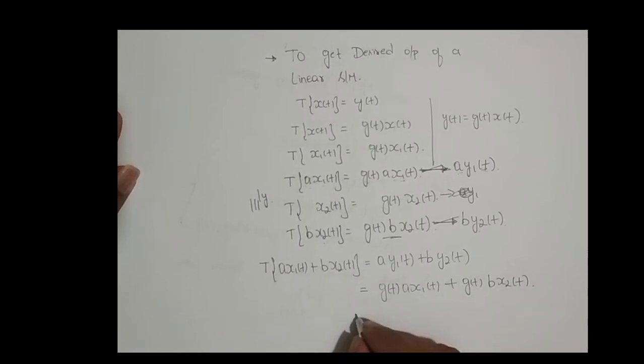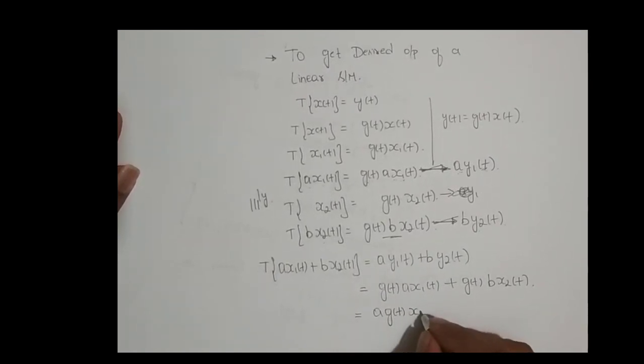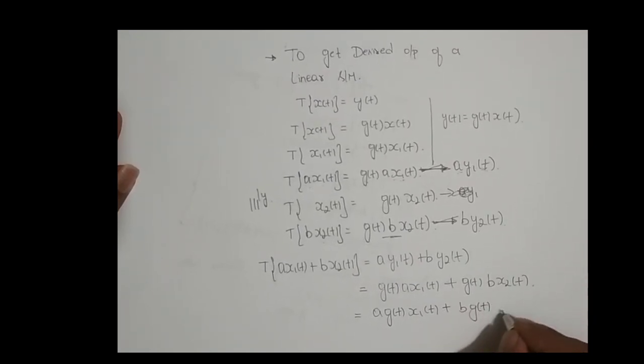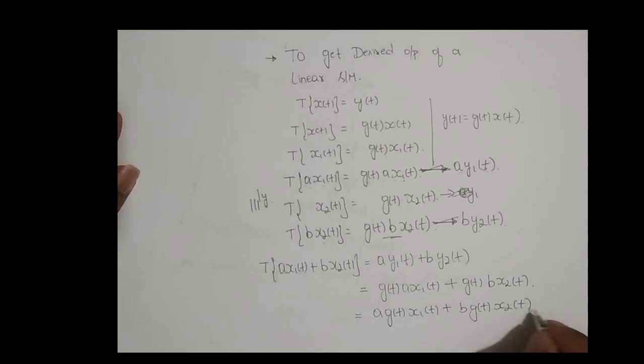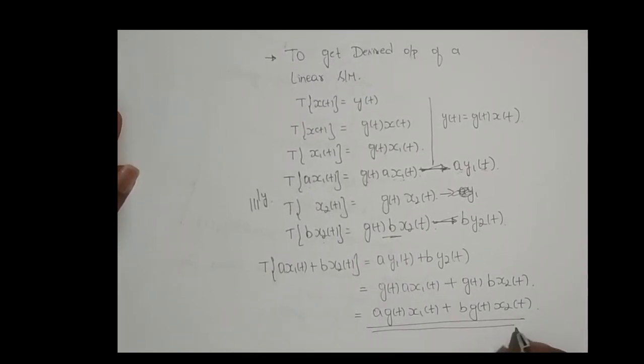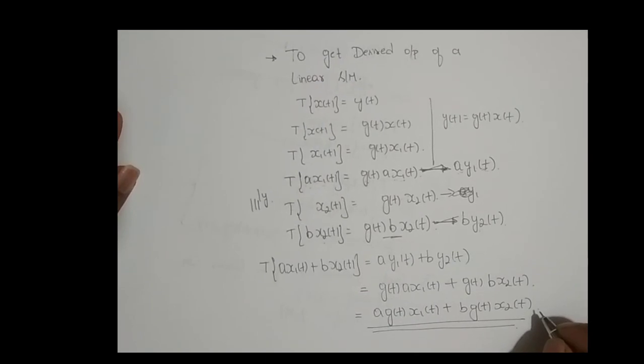I'll just rearrange this: a times g of t into x1 of t plus b times g of t into x2 of t. Okay, so this is the desired output I'm expecting for a linear system. So we shall call it equation 1.